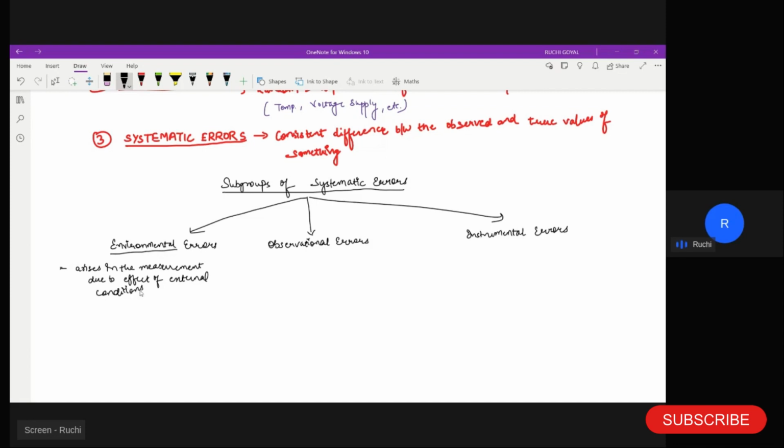These external conditions include temperature, pressure, humidity, and external magnetic field.